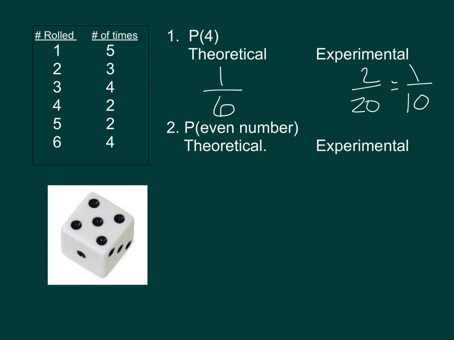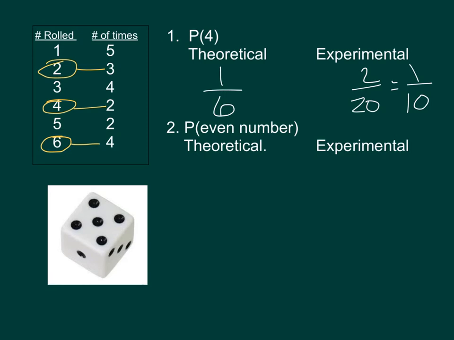Let's look at the probability of rolling an even number. Our even numbers are 2, 4, and 6. And if we add up their possibilities each time, experimentally, we had 3 plus 2 is 5, plus 4 is 9.